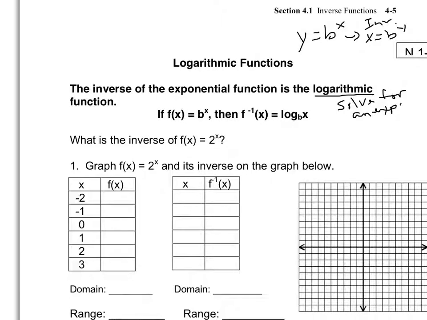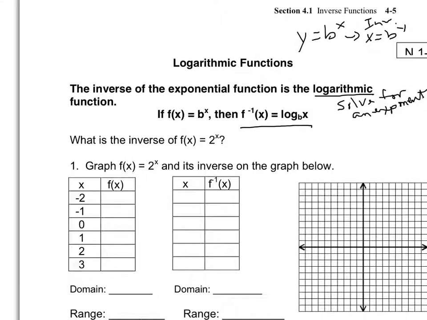In other words, I'm asking myself, what exponent would I have to raise the base to in order to equal some value? So when I look at this right here, the inverse function of b to the x is simply saying I'm looking for the exponent that b would have to be raised to in order to get x. That's all that it means.